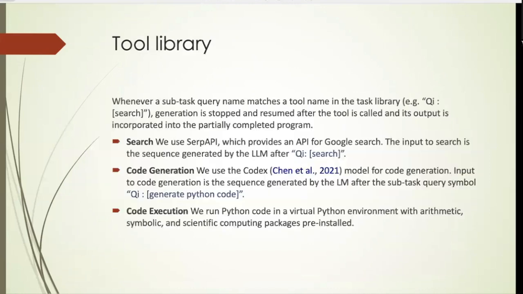And then there will be a tool library, right? The tool library is to actually provide functionalities for the LM to call. Some of the basic service APIs can be search, so they use the SERP API, which is an API for Google search. There's code generation, where they use Codex, and also code execution.